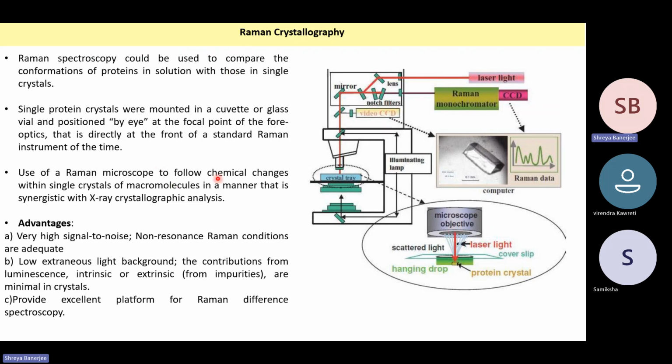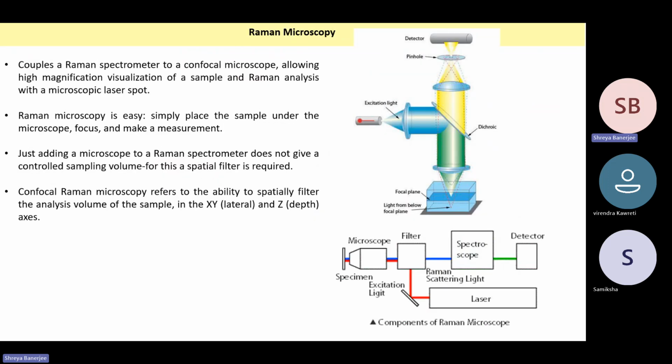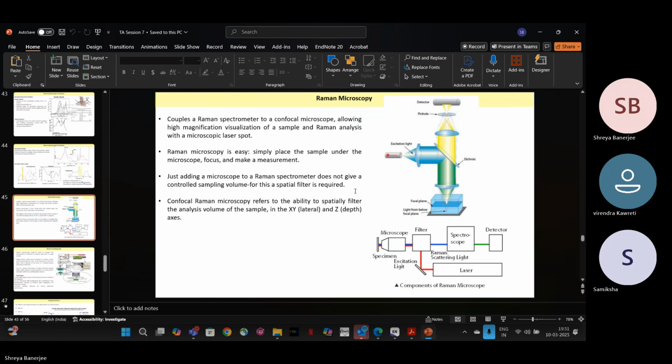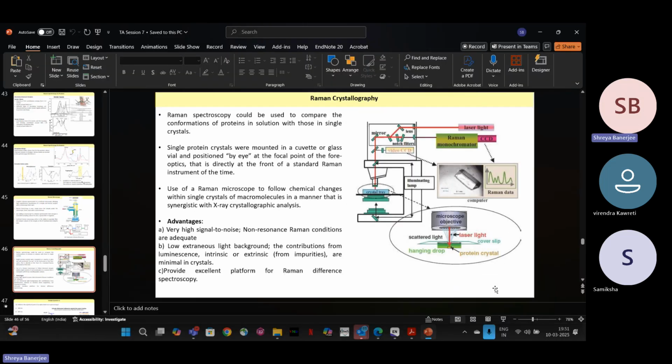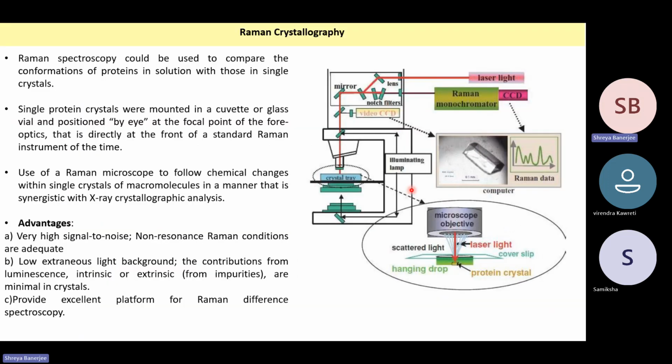So this was Raman microscopy, where we coupled a microscope with a Raman spectrophotometer. Another one is the Raman crystallography. So these are applications of Raman spectroscopy.